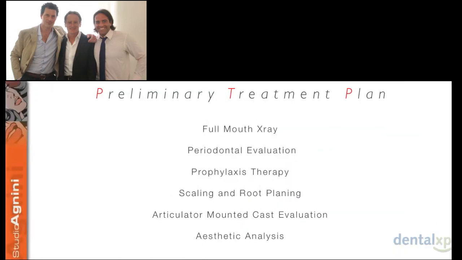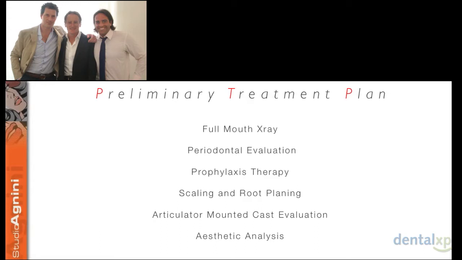After that, we put our patient in what we call a preliminary treatment plan, in which we keep on collecting information in order to give a hypothesis of treatment plan at the end of this preliminary treatment plan, that is composed of full mouth X-rays, a more accurate periodontal evaluation, and prophylaxis therapy.